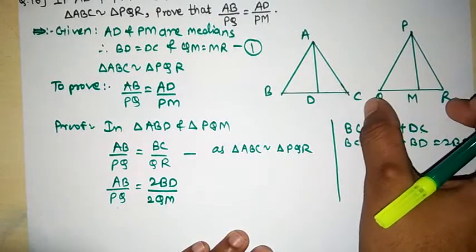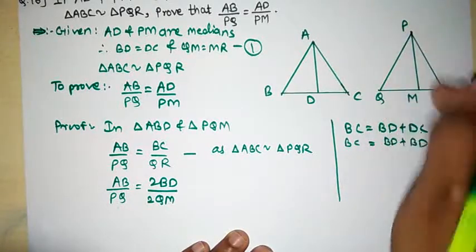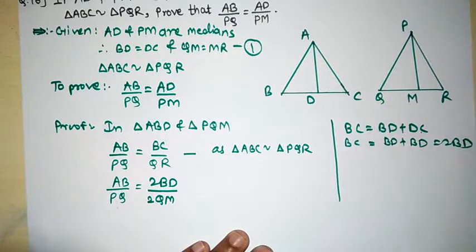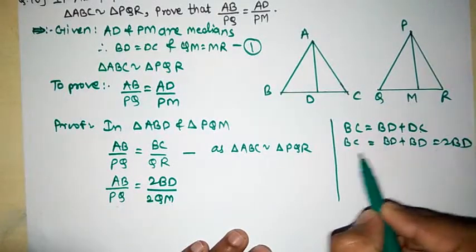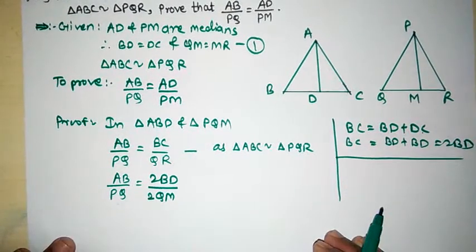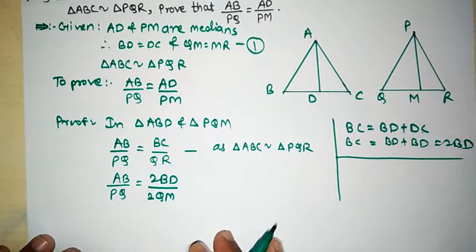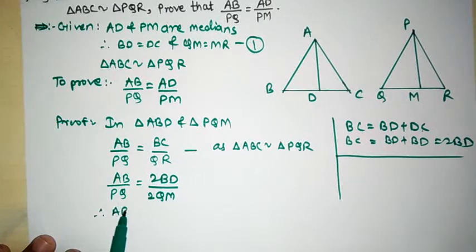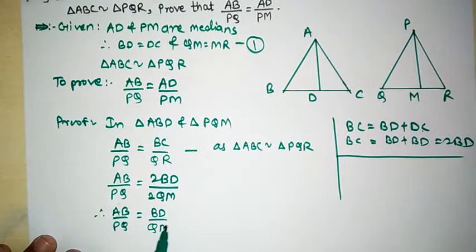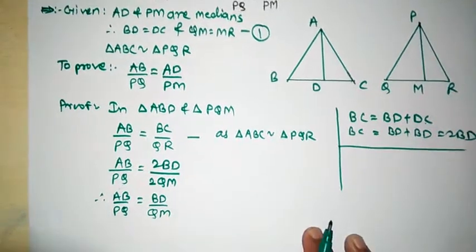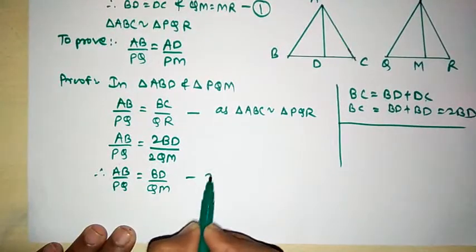Similarly, in triangle PQR, you will get QR is equal to 2 times QM. This is rough work, no need to write. We got 2 times BD divided by 2 times QM. Therefore AB by PQ is equal to, the 2 gets cancelled, BD by QM. Mark this as equation number 2.